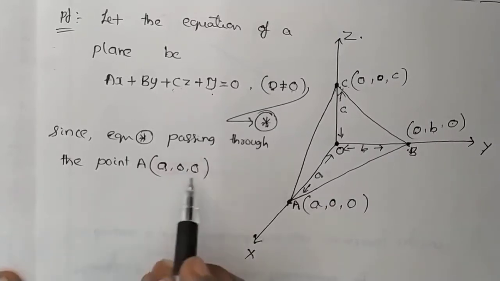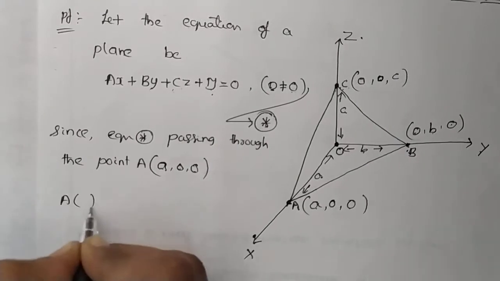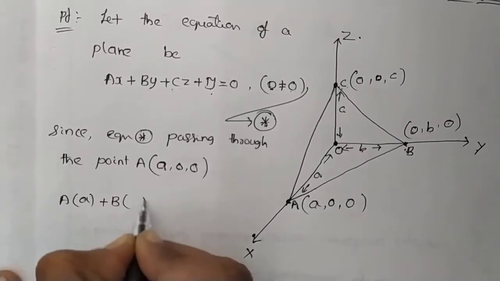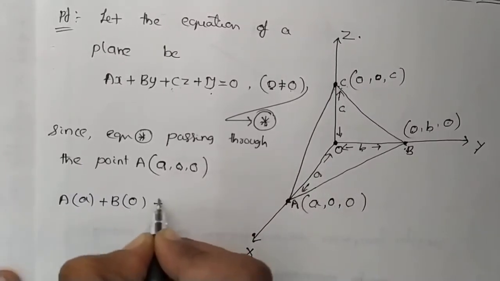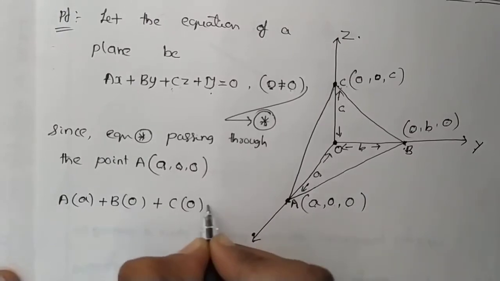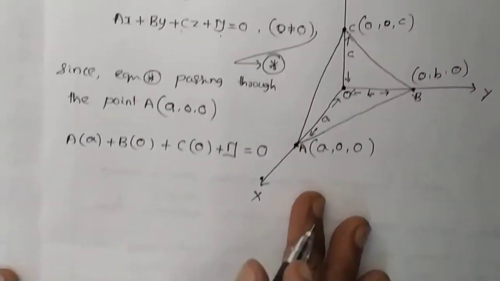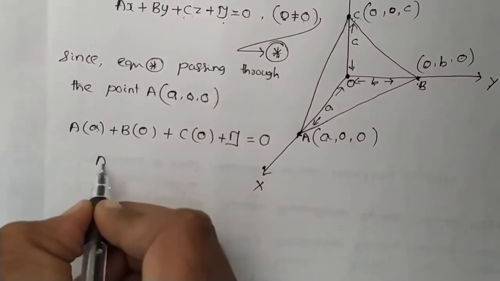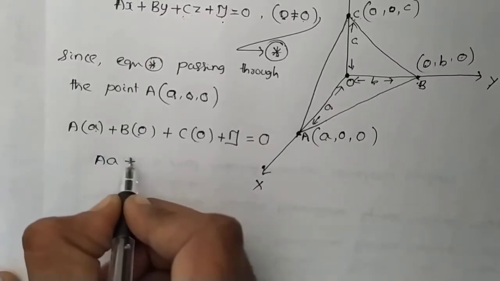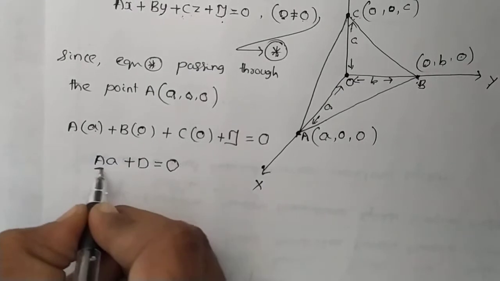A into x, in place of x we have A, plus b into 0, plus c into 0, plus d equals 0. Now a into A, that is aA, plus 0 plus 0, plus d, equals 0. Now find out a.